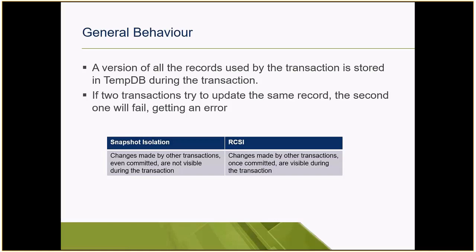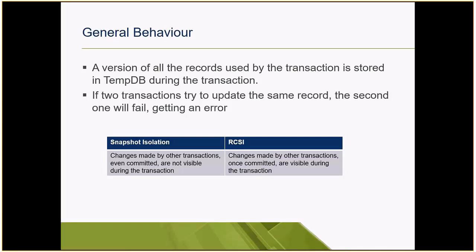In this case, we can just change the configuration of an existing application already in production, and that application will work very well with RCSI. What's the benefit? Well, these are optimistic isolation levels.